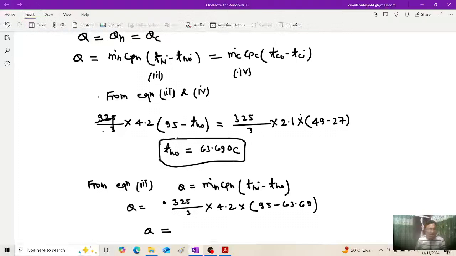Let me correct this one. The mass flow rate of hot fluid is this.